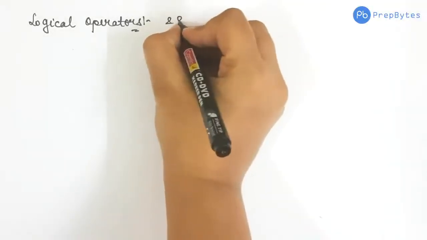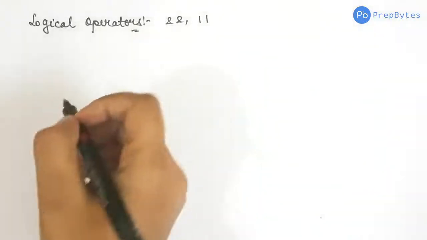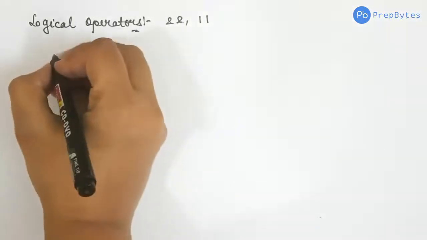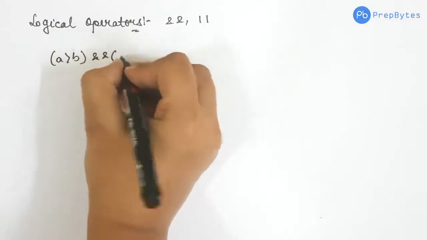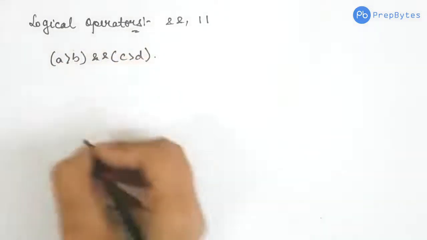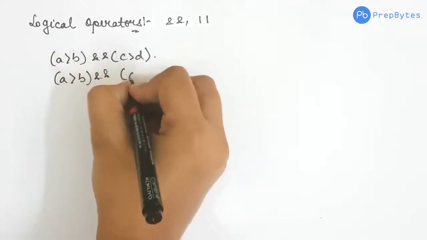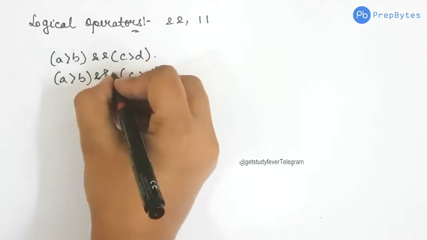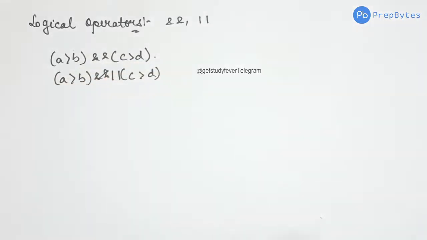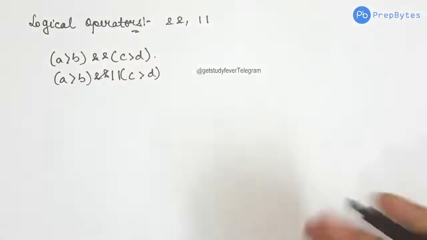We have two logical operators, AND and OR. Let's say I write A greater than B and C greater than D. Sorry, this will be A greater than B or C greater than D. What are the various things that could happen here?